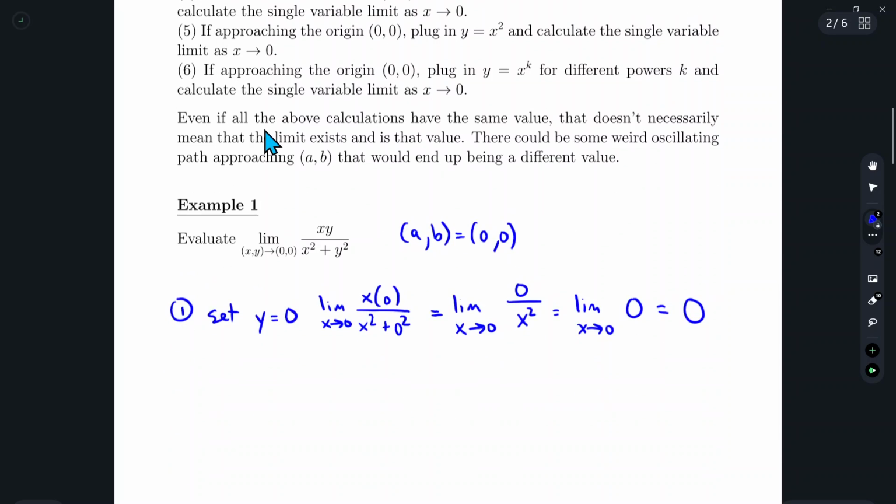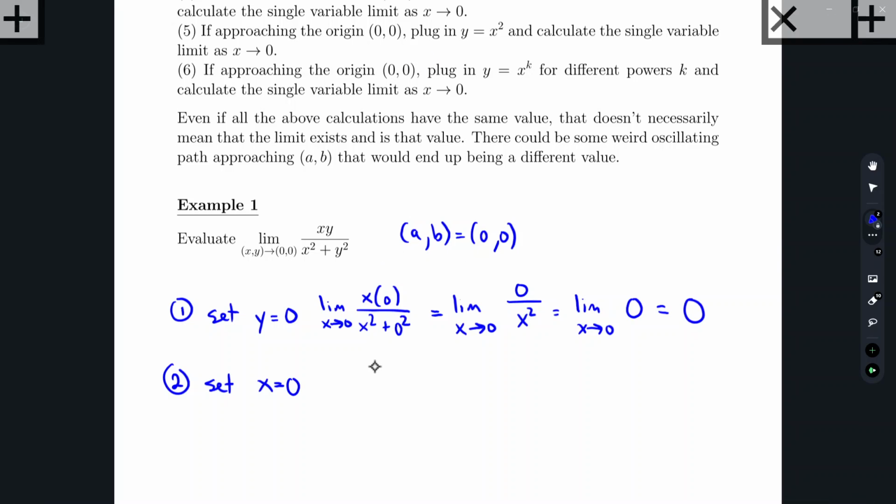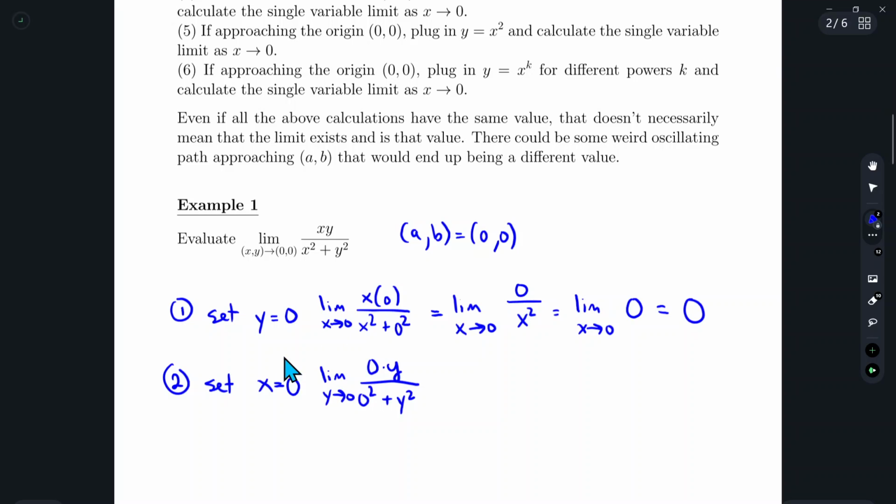So the other paths are similar, right? So in 2, now I set x equals a, but a again in this example is just 0. So I set x equals 0, plug it into the function, so you get 0 times y over 0 squared plus y squared. So now this limit only contains y, so it's a single variable limit.